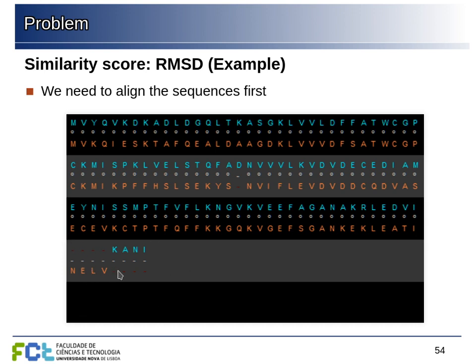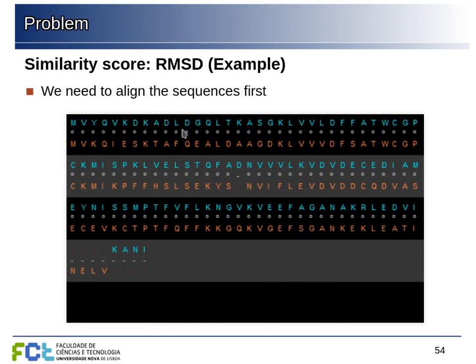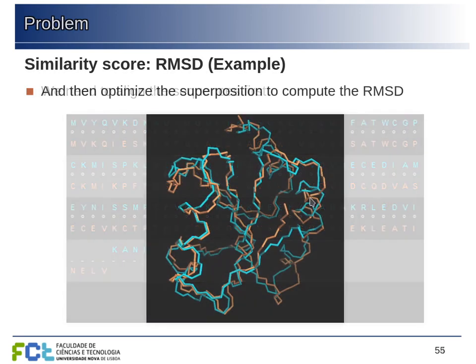Note that some parts do not align well. There are some gaps here, but in general we have an alignment over most of the proteins. And then what we do is we rotate one relative to the other and translate it, in order to minimize the root mean square deviation measured over all of these matching pairs of atoms.